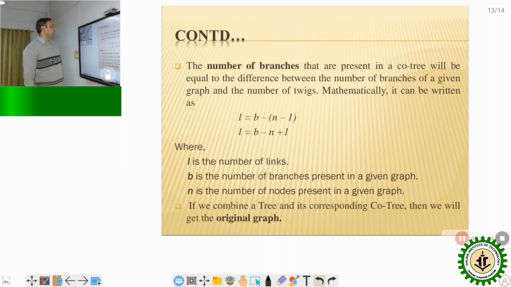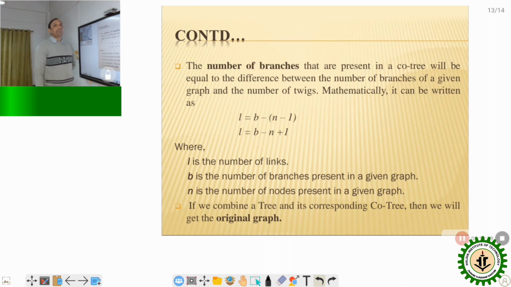What is N? N is the number of nodes of the original graph. B is the number of branches of the original graph, and L is the number of links, that means the number of branches of the core tree.